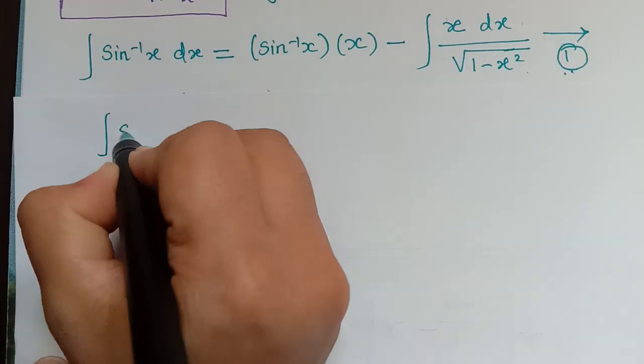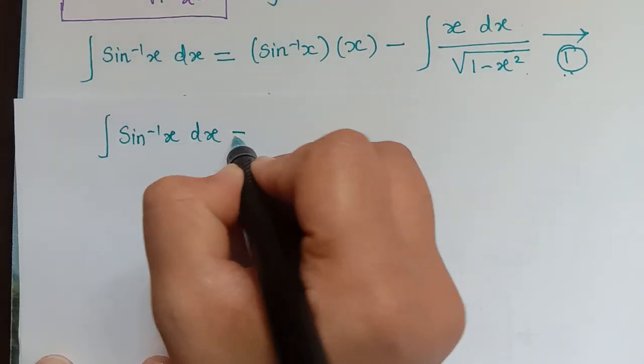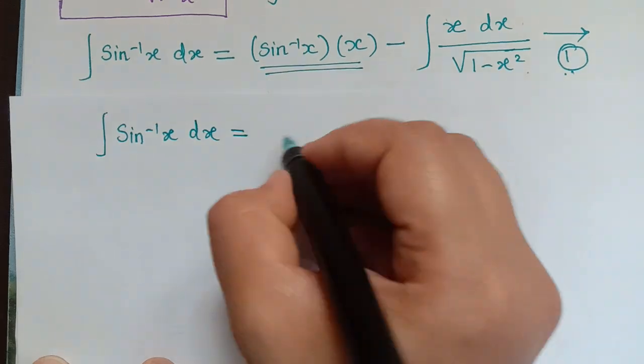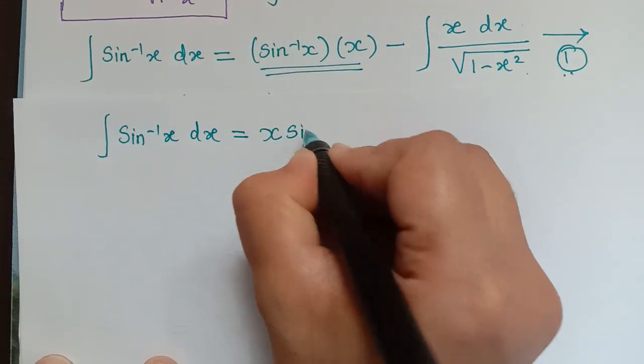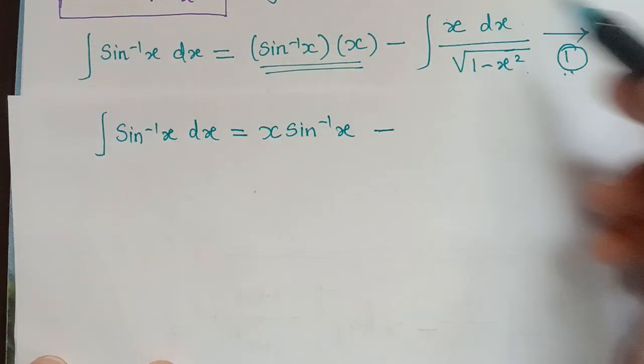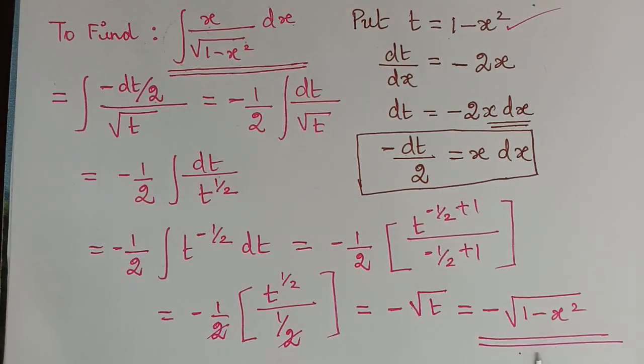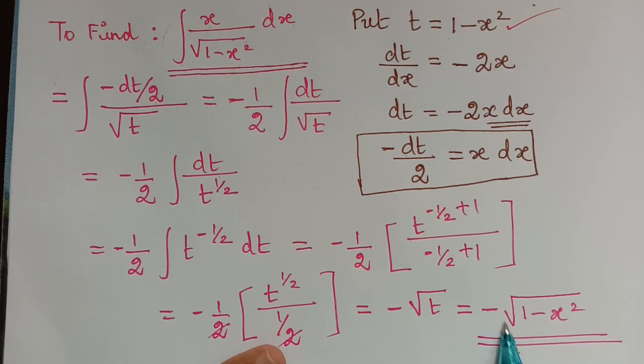So integral sine inverse of x dx will be equal to, now this we can write as x sine inverse of x minus this integral, which is what we have evaluated. So what we have evaluated it to be, so this is equal to negative square root of 1 minus x square.